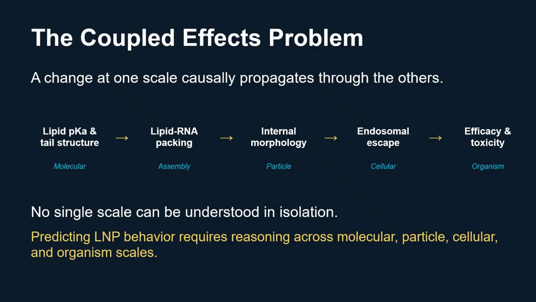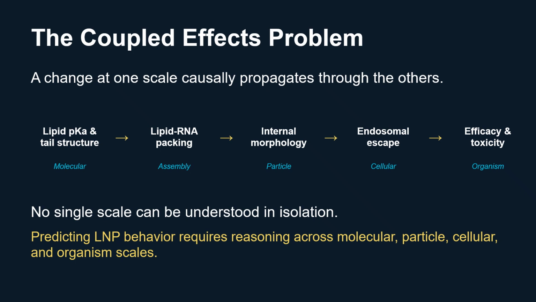That packing behavior influences the particle's internal morphology, and particle morphology affects the probability of endosomal escape. Endosomal escape then determines how RNA reaches the cytosol and is translated. Those translation levels ultimately determine organism-level outcomes such as efficacy and toxicity. So the key point is that none of these layers can be modeled independently.